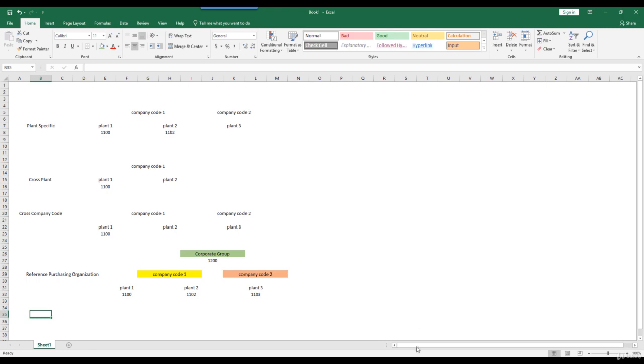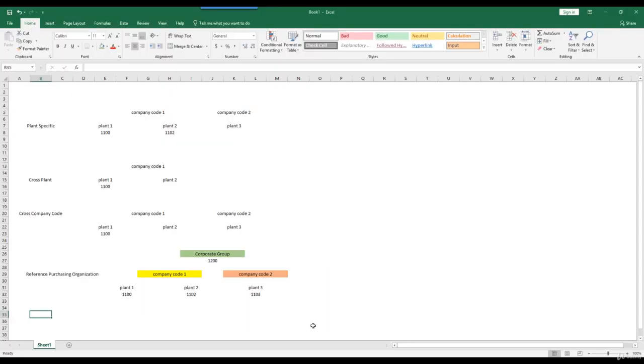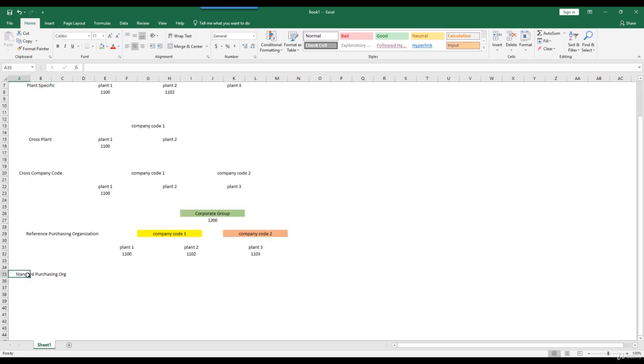We have another one here. This is a standard purchasing organization. Why do we need standard? Standard purchasing organization is required for creating automatic PO.